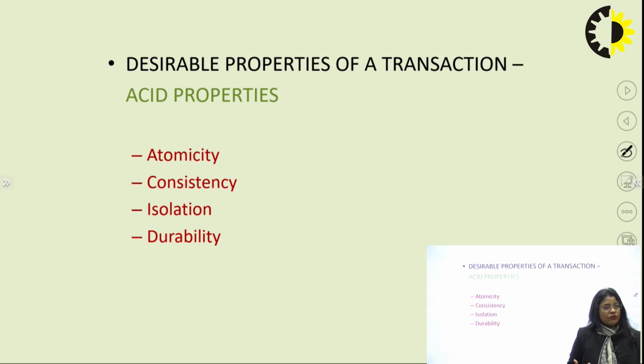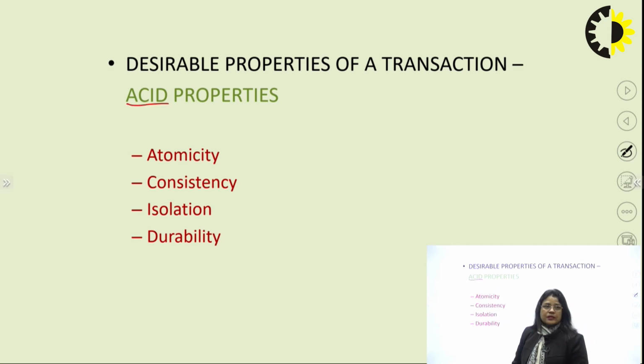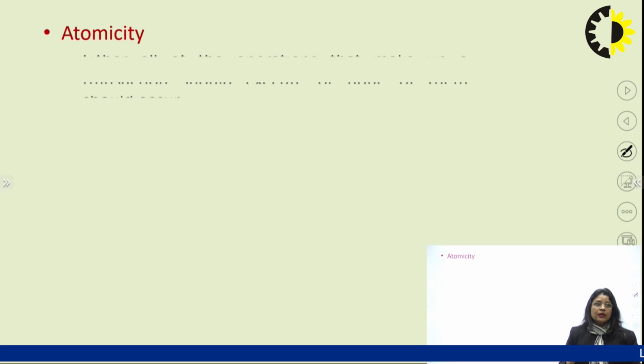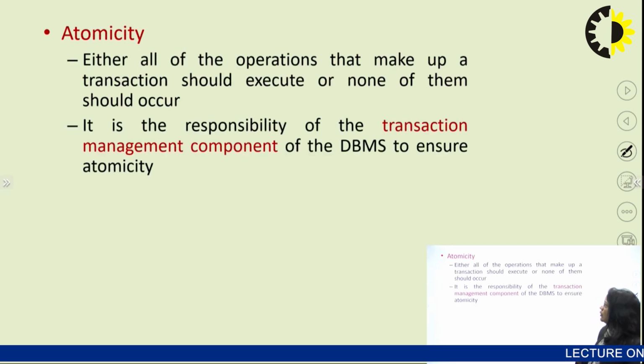So what we have studied is that there are four desirable properties of a transaction known as ACID properties: A for atomicity, C for consistency, I for isolation, and D for durability. So we have understood each and every transaction property properly. Again, we'll have a look at that. What do you mean by atomicity?